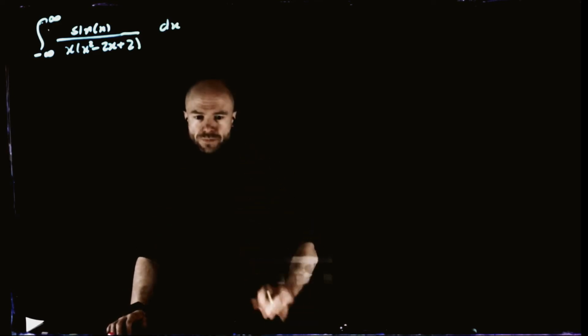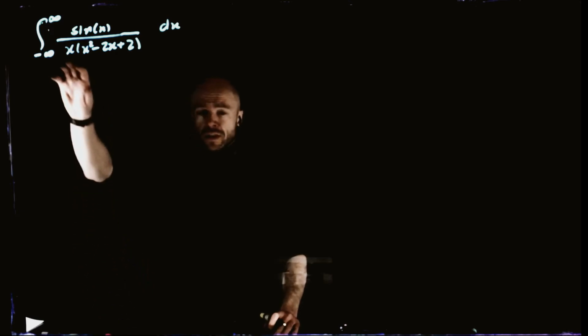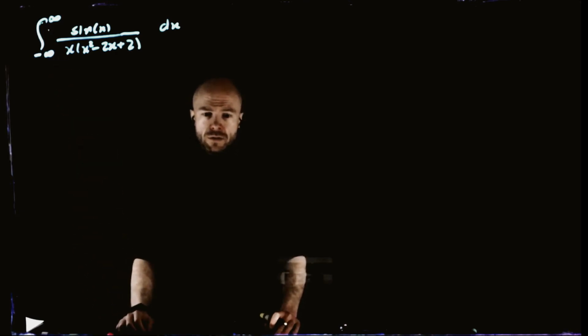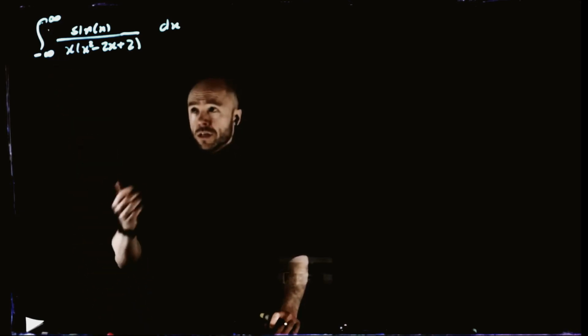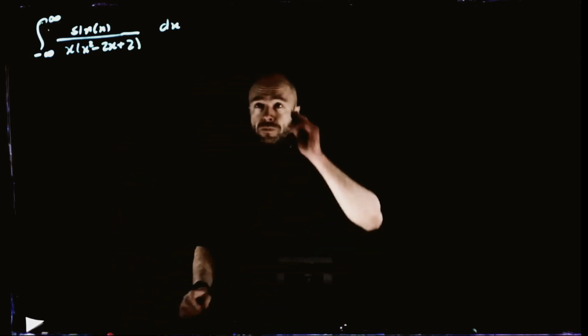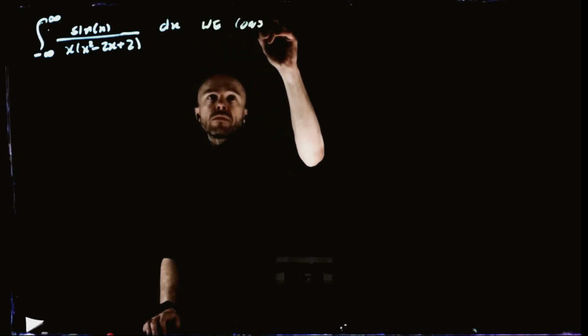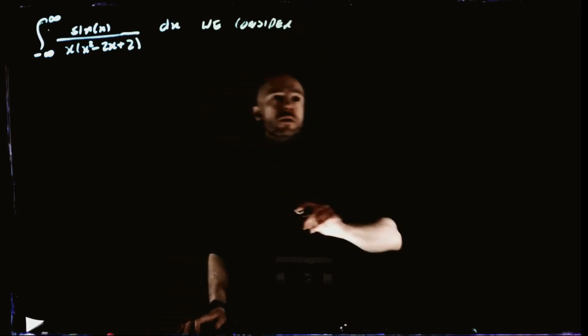So this is looking like our setup, right? We definitely have a singularity on the real line, yeah? Because 0 itself is a pole, yeah? So we will consider the integral.